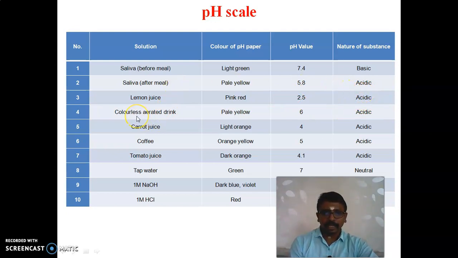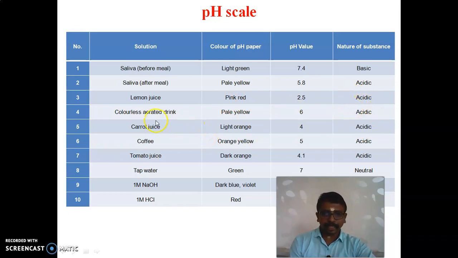And next is colorless aerated drinks, that means soft drinks, like paneer soda. The color of the pH paper will be pale yellow and the pH value will be 6. So 6 means it is acidic.